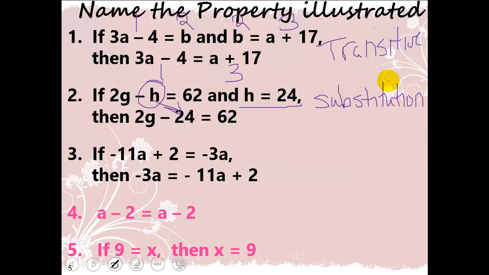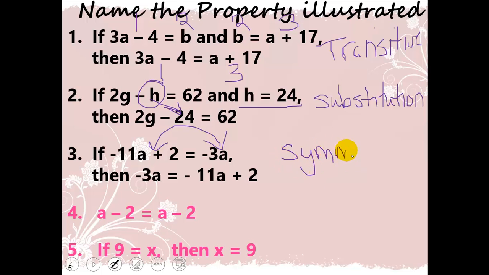If negative 11a plus 2 equals negative 3a, then negative 3a equals negative 11a plus 2. All we've done is switch the sides of the equal sign. So this is the symmetric.